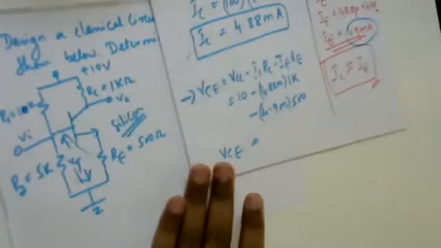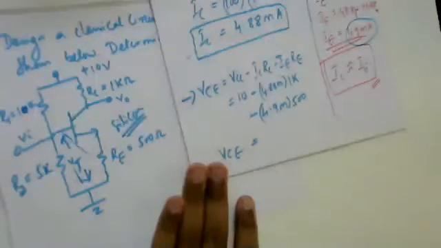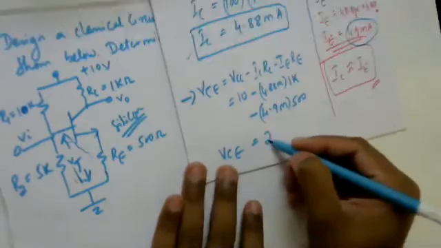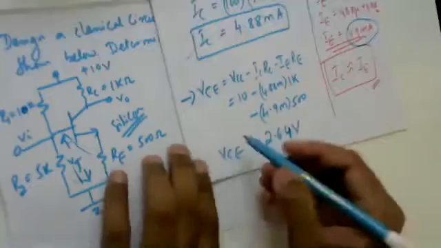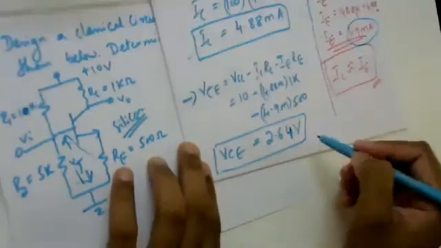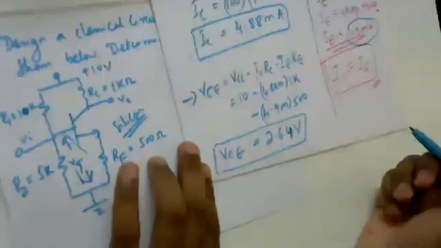What is the value of VCE? The value of VCE is found to be 2.64 volts. Good. 2.64 volts. Clear? Okay. Is it clear to you?